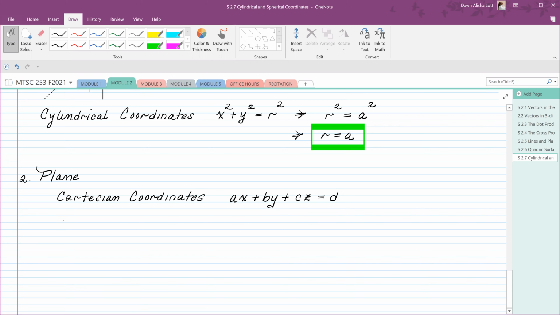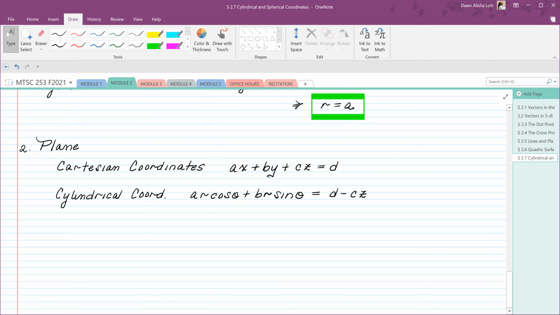But in cylindrical coordinates, I'm going to get A times R cosine theta plus B times R sine theta is equal to D minus C Z. Trying to think how your book wants me to write it.